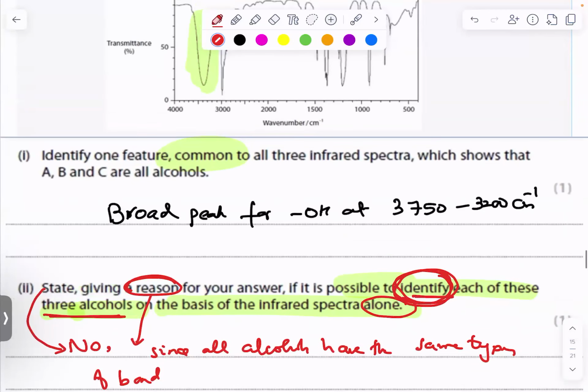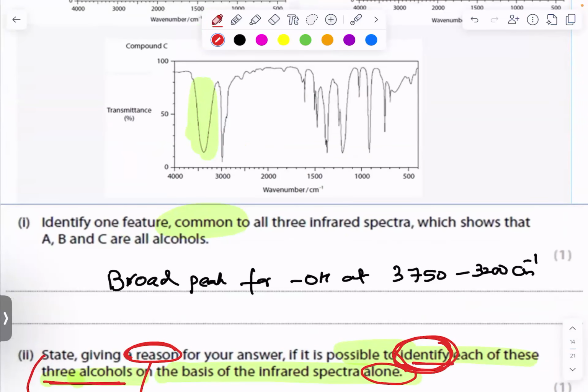Infrared spectra tell you which bond would be there, but it is not able to identify the type of alcohol. So infrared can simply tell you alcohol is present. Whether it's butanol, propanol, or methanol, it can't tell that.